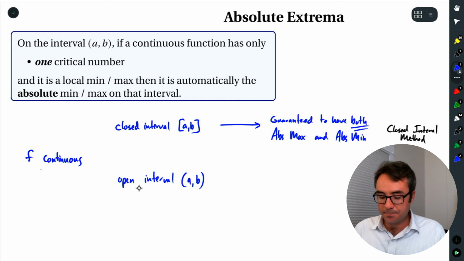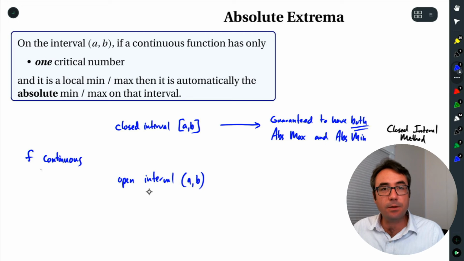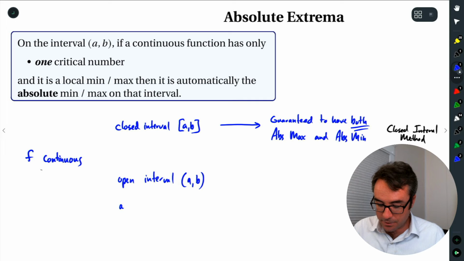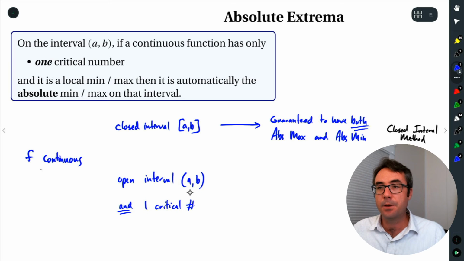But if we're going along, our function's continuous, we're looking at an open interval, and we find that we have one critical number on that interval, well, if that critical number is a max, then it's not just the local max, it's the absolute max of our function on that interval. And if we test it and we see that it's a min, not only is it the local min, but it's also the absolute min for our function.